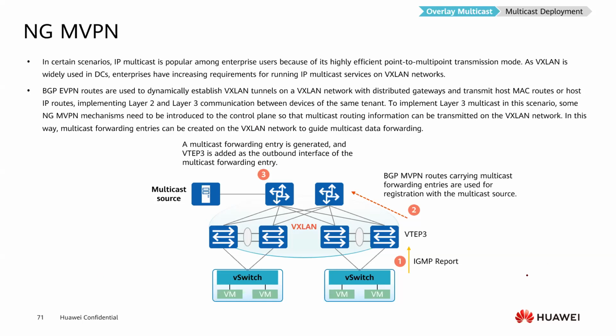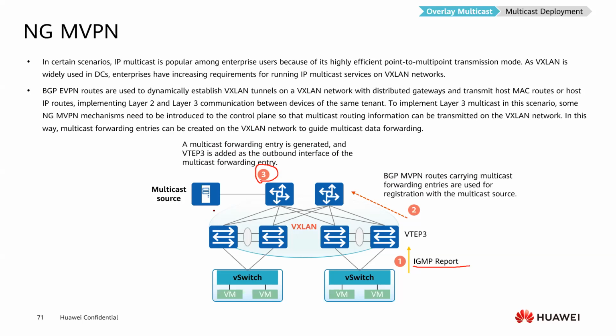Now you can see the IGMP report. This IGMP report information is carried by BGP MP routes and then received by another VTEP, which generates multicast forwarding entries, and VTEP 3 is added as the outbound interface of the multicast forwarding entries.